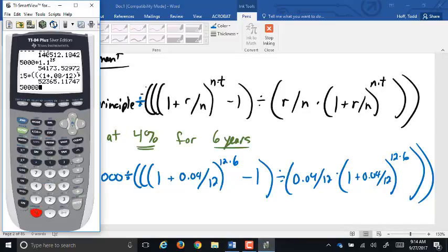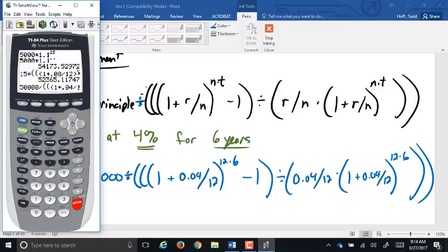50,000 divided by, open 3 parentheses, 1 plus 0.04 divided by 12, close parentheses, to the power 12 times 6 is 72, minus 1, close, divided by, open, 0.04 divided by 12, times 1 plus 0.04 divided by 12, power of 12 times 6, still 72.